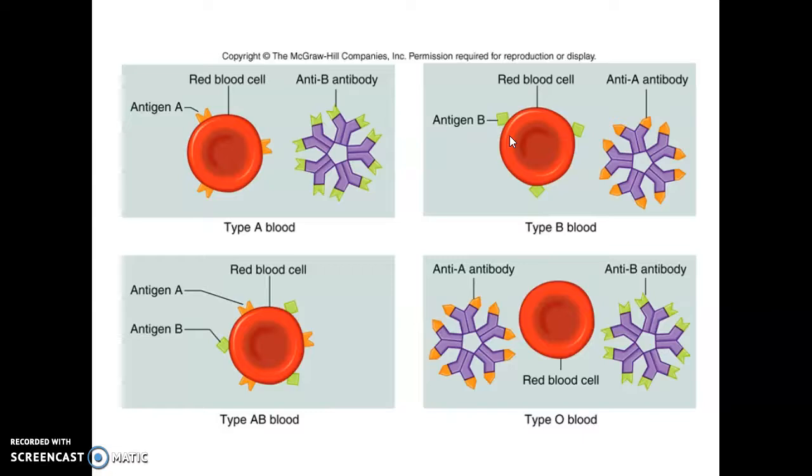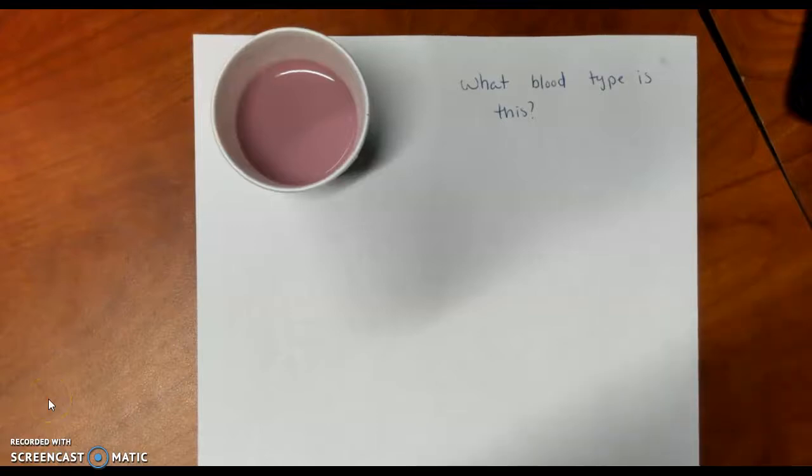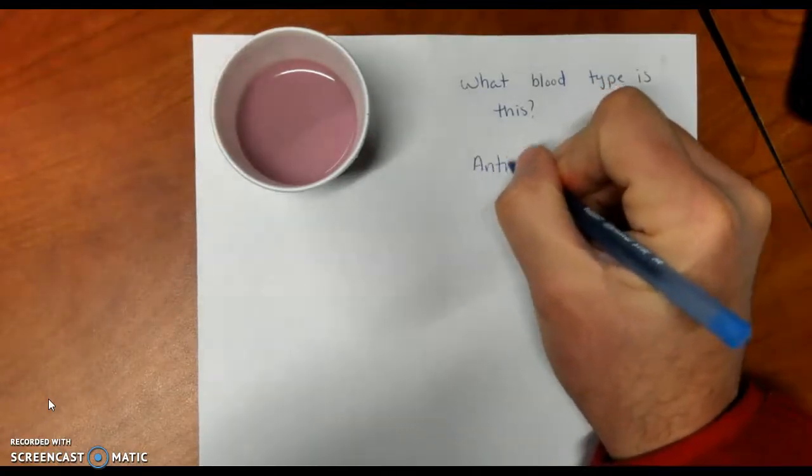So what we're going to be looking for in our lab activity is we need to use anti-serums to figure out what antigens happen to be present in blood. Familiarize yourself with how to determine a blood type. Let's go through a little practice problem here. In order to determine what blood type this is, we have to use what are known as anti-serums.